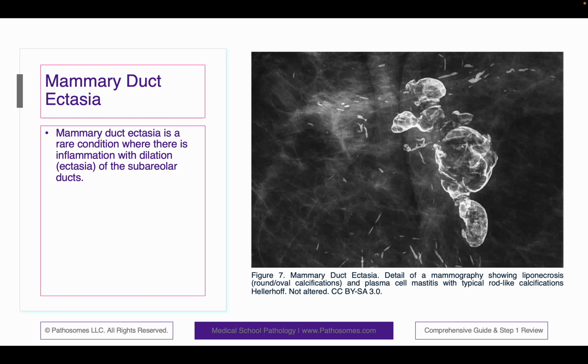Now, this imaging to the right here shows mammography with liponecrosis and plasma cell mastitis with typical rod-like calcifications. Can you see all the calcifications?